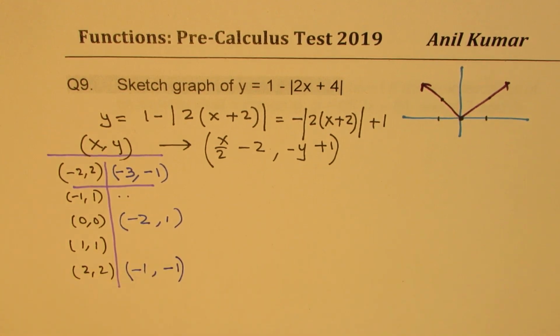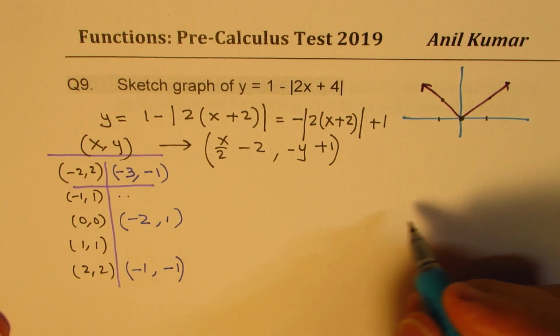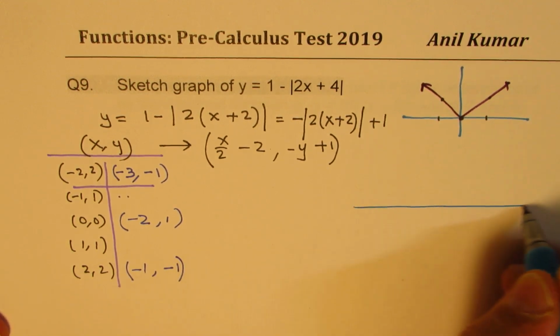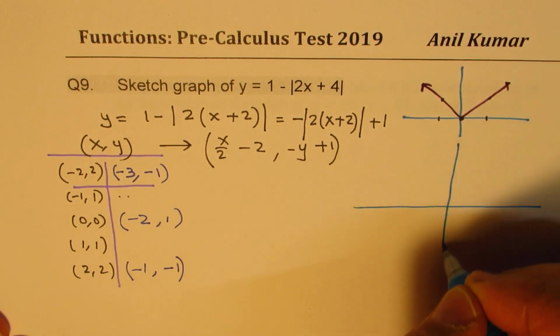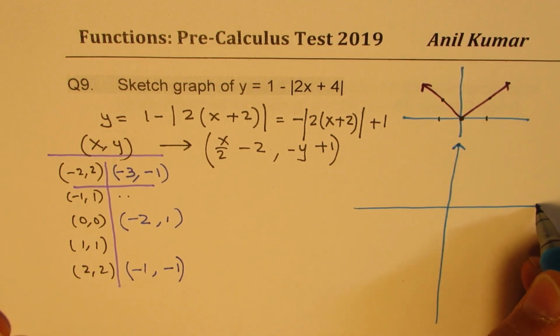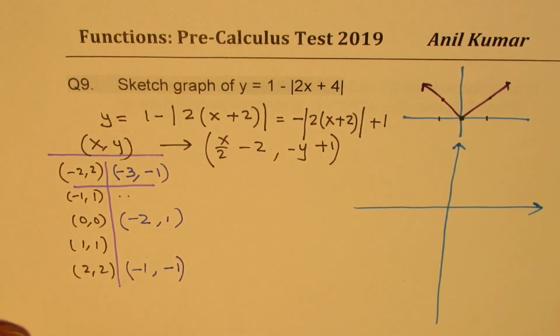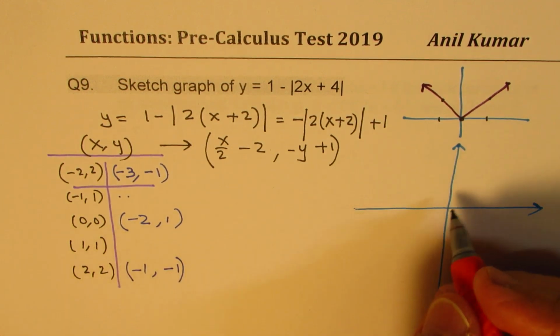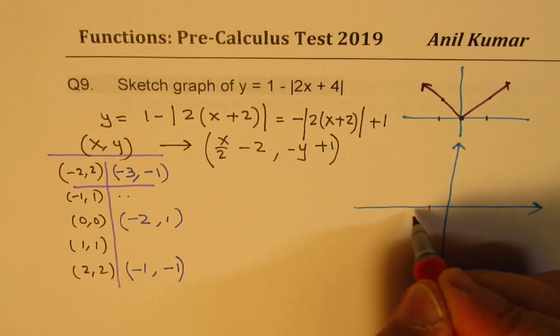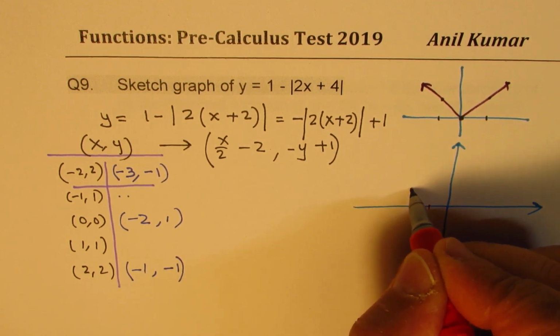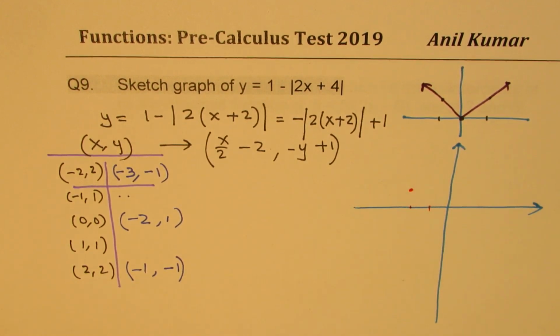Is that okay? So on your graph paper, what you could do here is something like this. You will select the vertex first, which is minus 2, 1, right? So let's say this is minus 2 and this is 1. So that is your vertex.